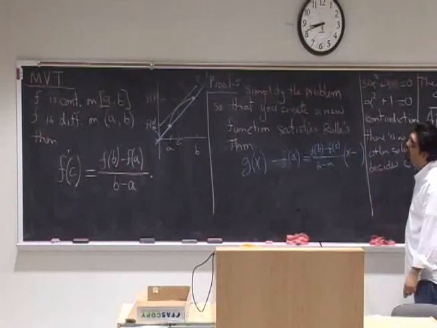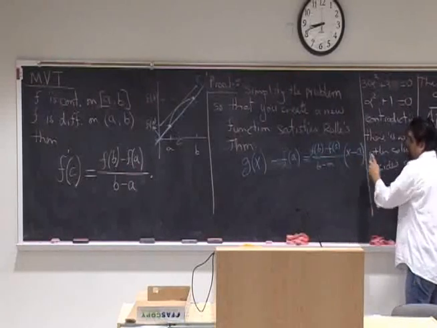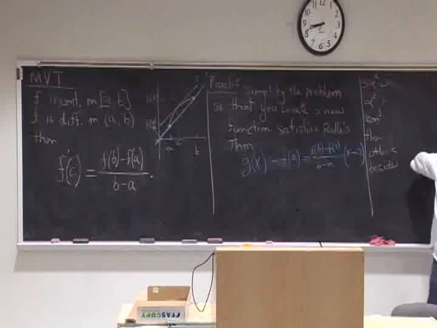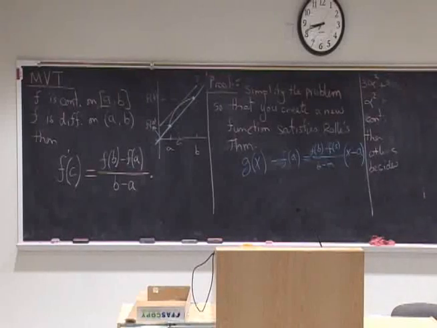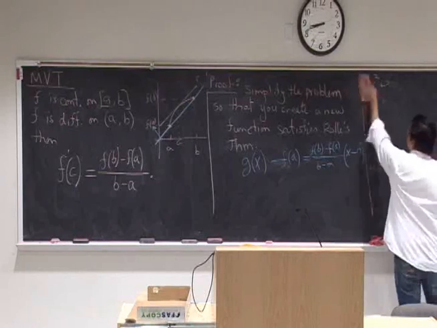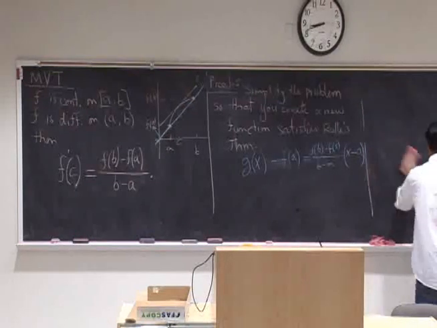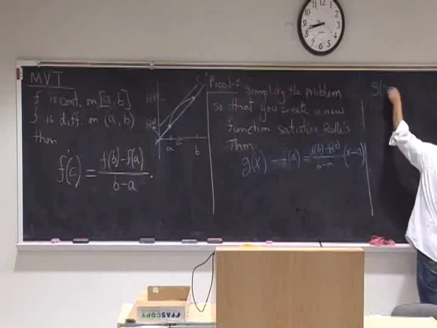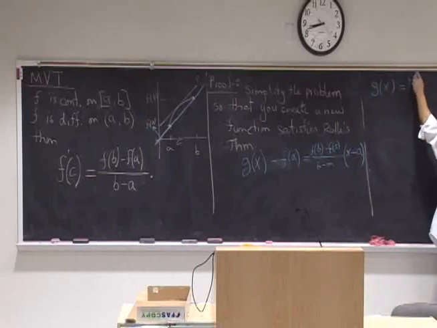What's the x coordinate? a. And then if we solve for g of x, we have a new function that represents the blue line.